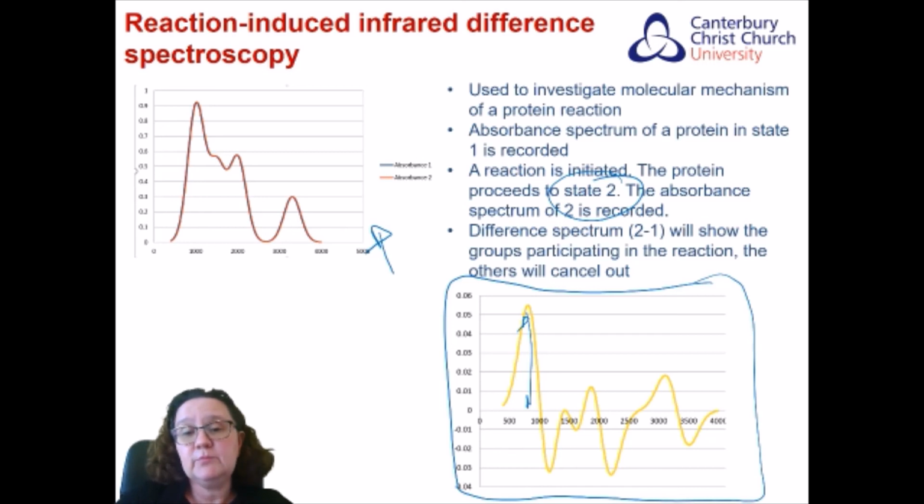And that can be followed. It gives you information about where the reaction has taken place and the conditions under which it happened, and the new structure that you might have produced after the reaction has taken place.